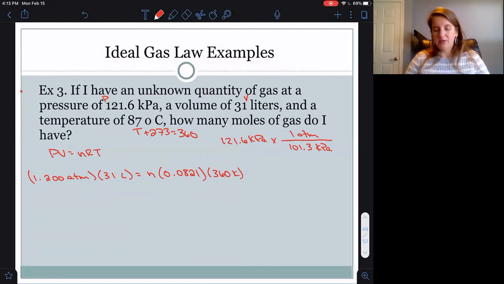So I'm going to go back up here to my 1.2 number, highlight it, hit enter, times my 31. To get n by itself, I have to divide by the gas law constant and divide by my temperature. I only get 2 sig figs. So my answer is going to be 1.3 moles of gas.